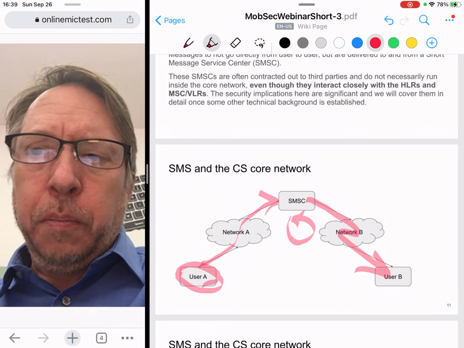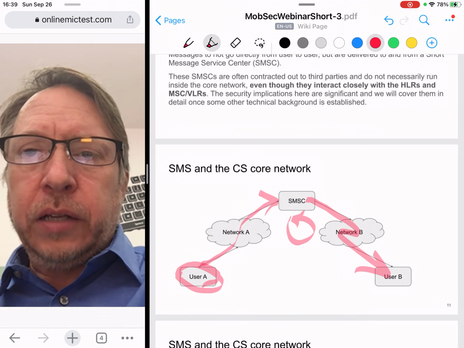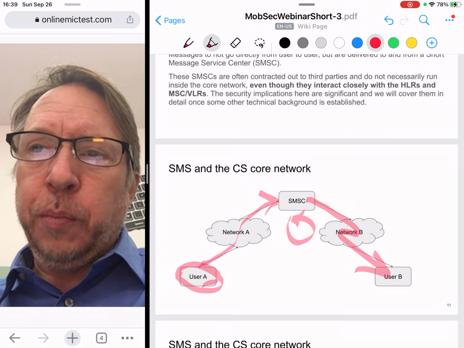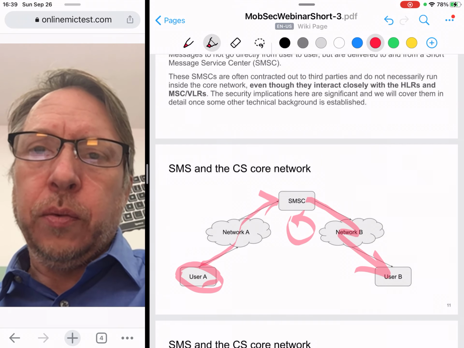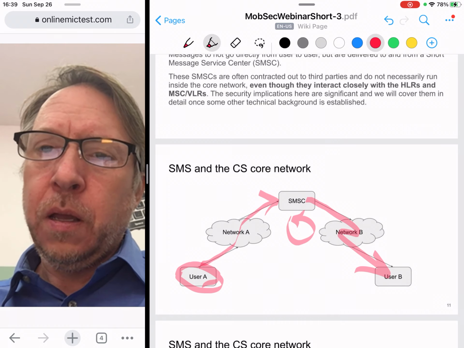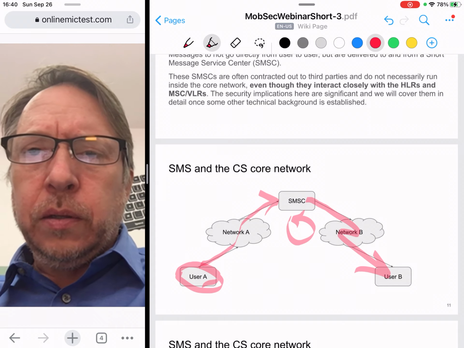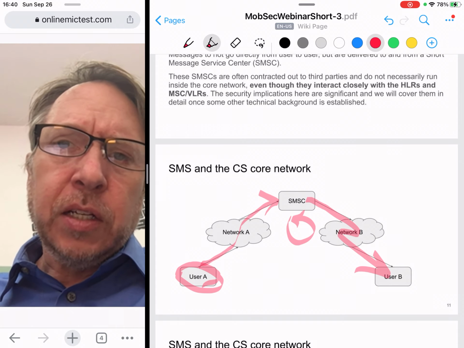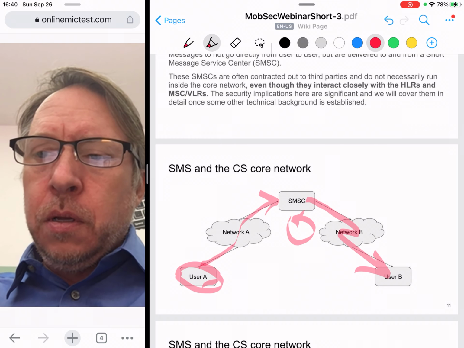Because you have a piece of equipment that's often contracted to third parties that has lower security requirements itself, but at the same time has a sort of intimate interaction with elements in the core network. So it's what hackers would call an attractive attack surface.